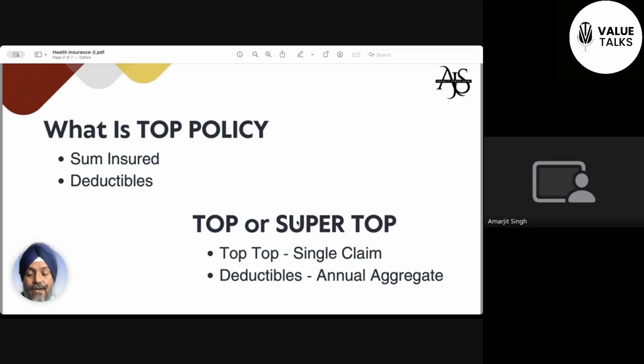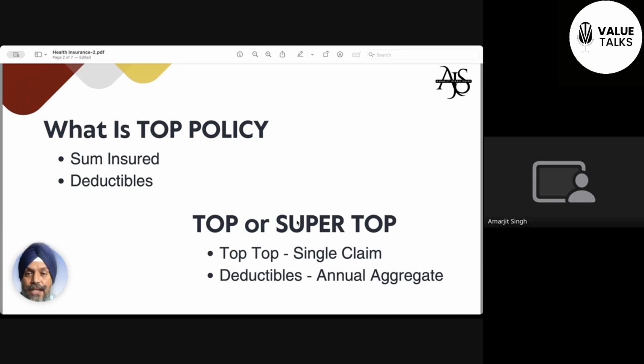Sometimes we might need some donor to donate, as kidney transplant has become common, liver transplant has become common. So in that case, these policies actually cover the donor also. So those are the things where you can think about transferring your risk to the insurance company.